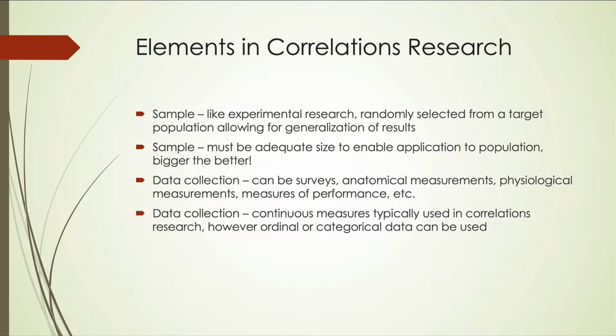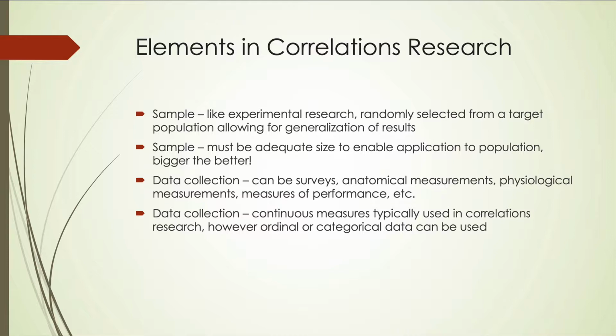So some elements in correlation research are, again, related to any kind of research project. Who is your sample? What data do you collect? How do you analyze the data, and so on. So in correlation research, the sample, like in experimental research, is typically randomly selected from a target population. And that allows us to generalize the results.